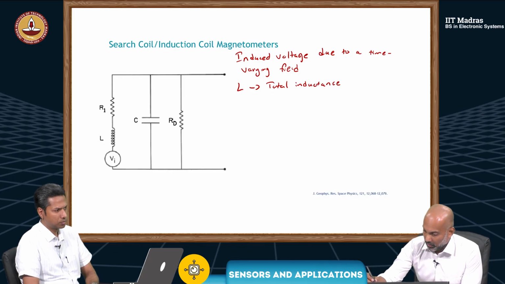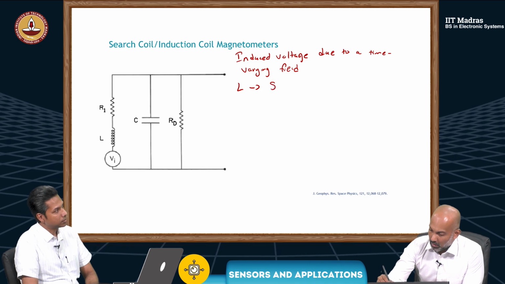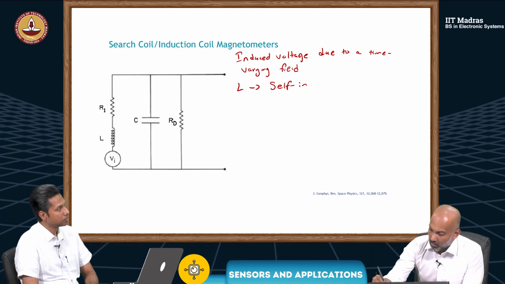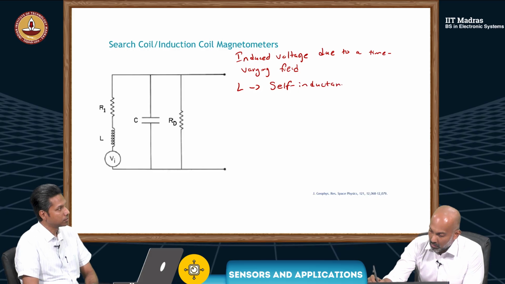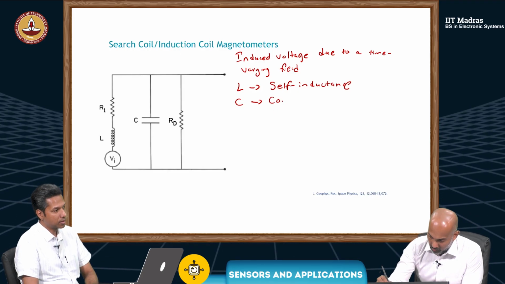Self-inductance. Let's call it self-inductance. And then C is the coil capacitance.